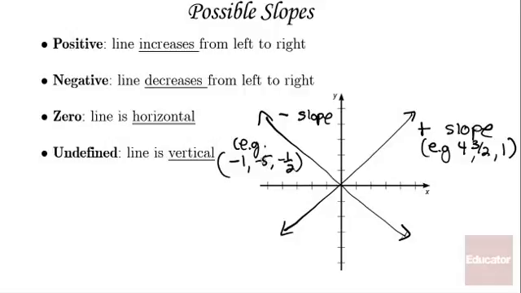So if this has a slope of -5, the absolute value is 5, that would be the same steepness as a line going in this direction with a slope of 5. So to find steepness, you look at the absolute value. To determine the direction of the line, you look at whether it's negative or positive.